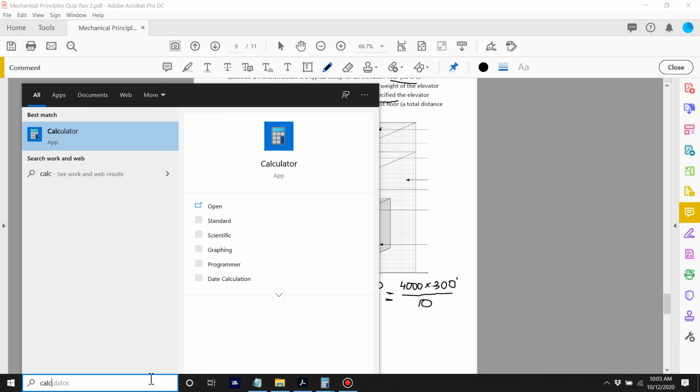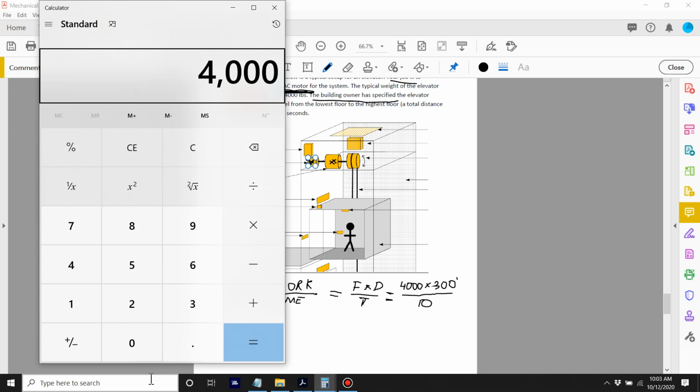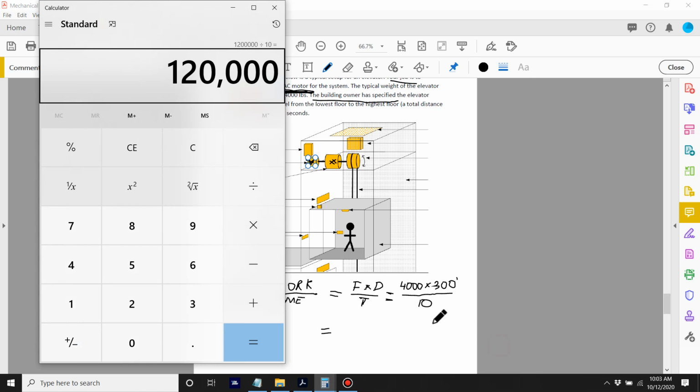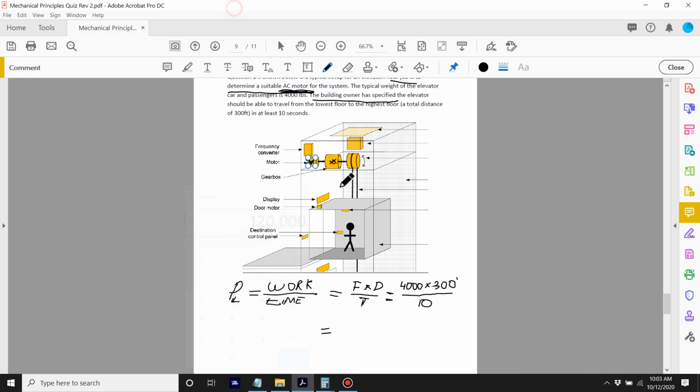So 4,000 multiplied by 300 divided by 10 is equal to 120,000. My god, big numbers. I think the owner's dreaming. It's not going to travel that fast.